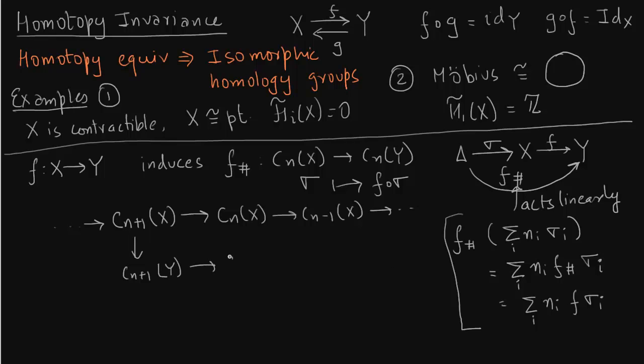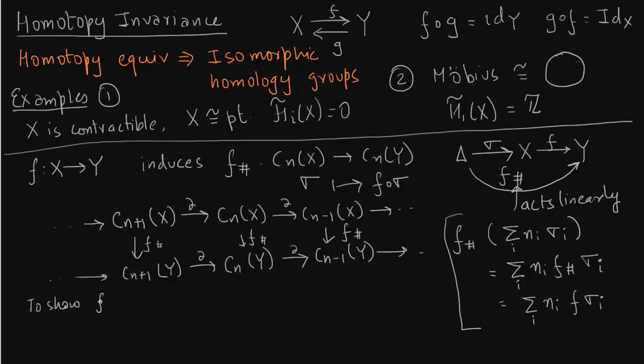So we are drawing a map between two chain complexes. This map has been induced by a homotopy map F. So we need to show that this diagram is commutative. You start with the left hand side, you are acting on the boundary.